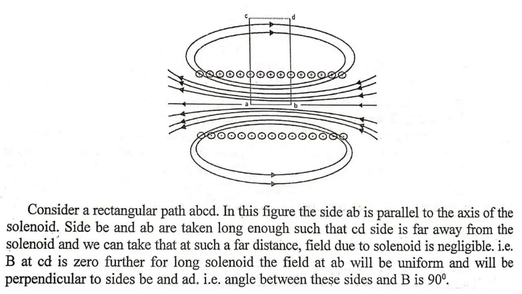Now, consider a rectangular path A, B, C, D in figure. In this figure, the side AB is parallel to the axis of the solenoid. See, this side AB is parallel to the axis of solenoid, shown here.